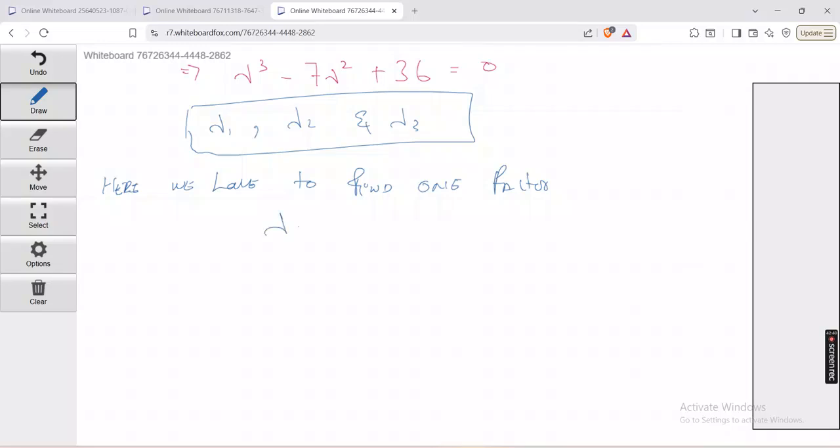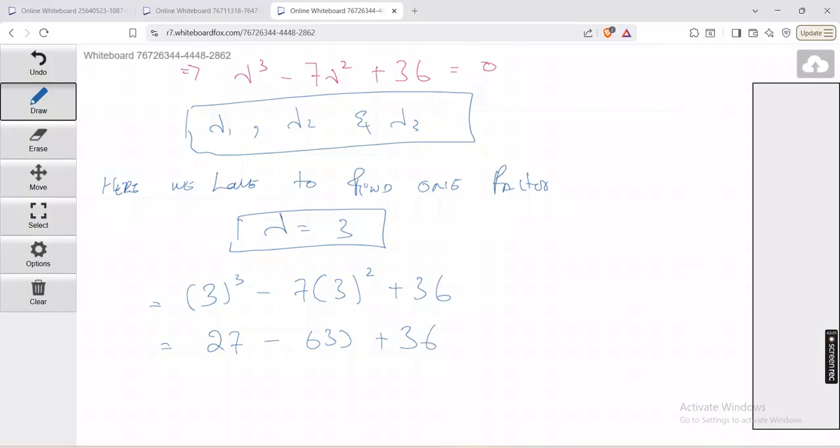So here, once we put this value in the equation, let me solve it. Lambda cube minus 7 times 3 square, this equation, plus 36. Once you solve it, this is 27, 63, 36. And once you solve this, you will get 0.